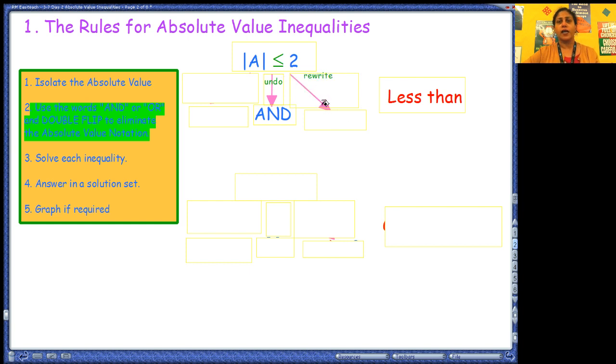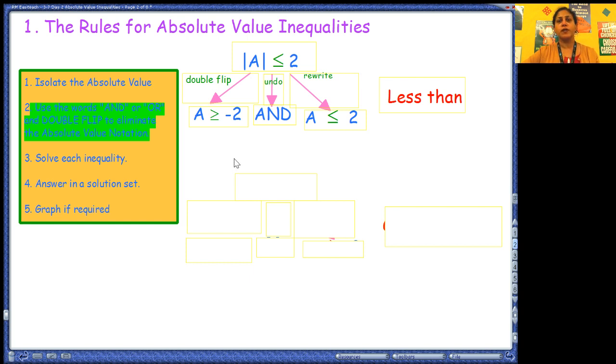On the right side, you're going to rewrite the same inequality without absolute value. On the left side, you're going to do a double flip. That means you're going to flip the sign as well as the number itself, put the opposite of the number. In this case, it will become A is greater than -2.